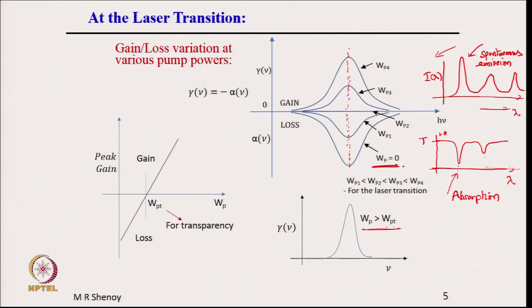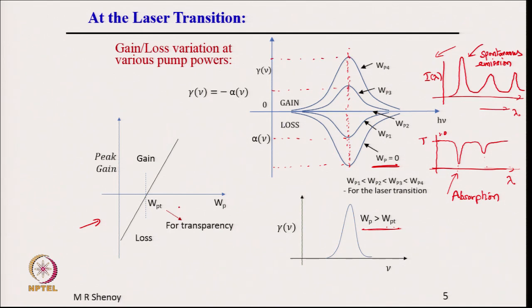When pumping is 0, that is no pumping, the transition corresponds to absorption, but as pumping is increased it goes over to the gain, and now you have peak gain. So, what is plotted in this diagram is the peak gain; here it is peak loss, and then here it is gain.